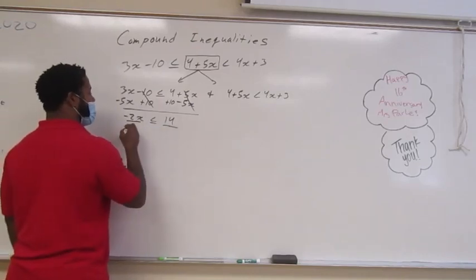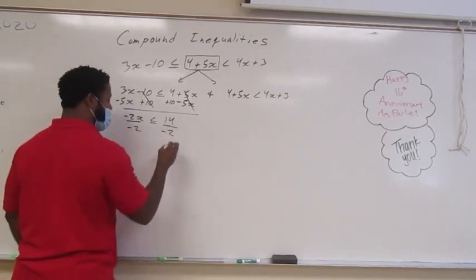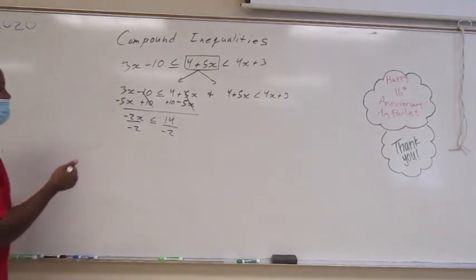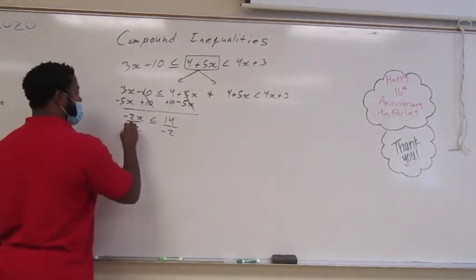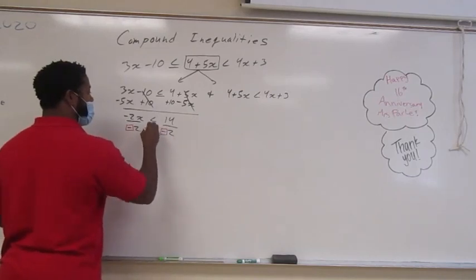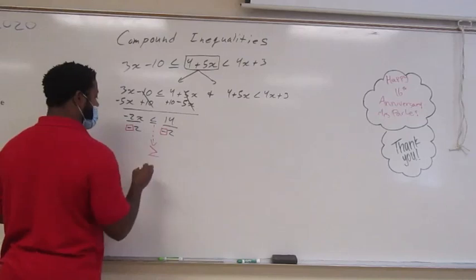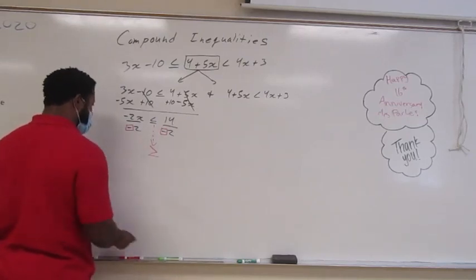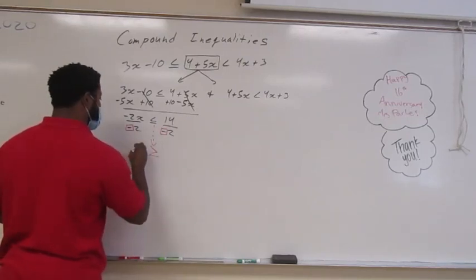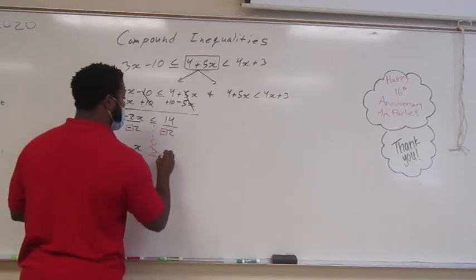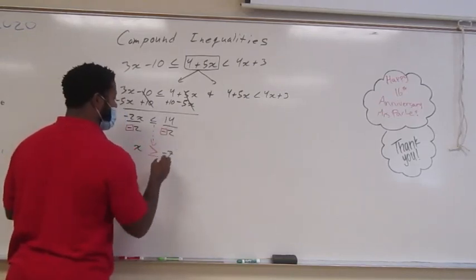What are we dividing on both sides? Negative 2. Negative 2, okay? x equals negative 7. So therefore, it flips. It's greater than or equal to. So x is greater than or equal to negative 7, okay?